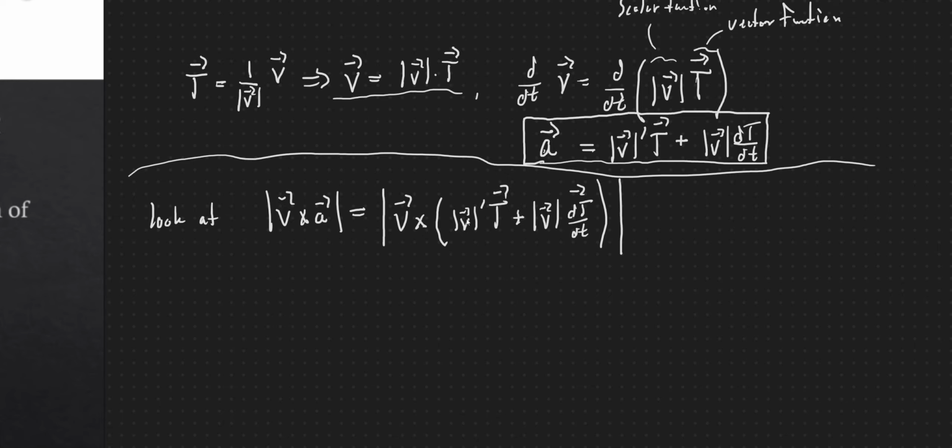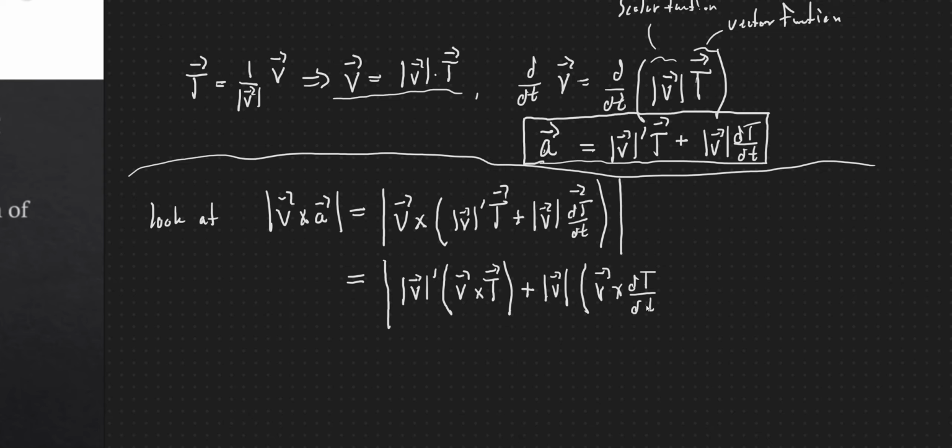This is another scalar quantity, so I can pull those out of each cross product. So going back to the algebra of cross products, if you need to, make sure you go back to chapter 13 and review how you can use algebra with cross products. So I'm going to pull this scalar out. So this is magnitude of v prime times v cross T plus magnitude of v times the vector v cross dT/dt.